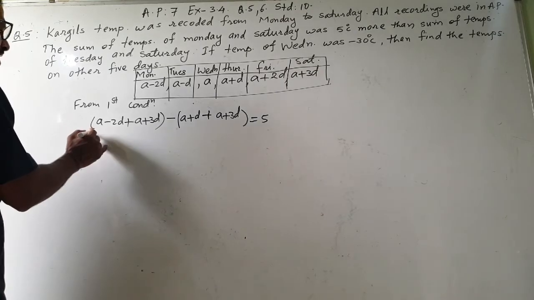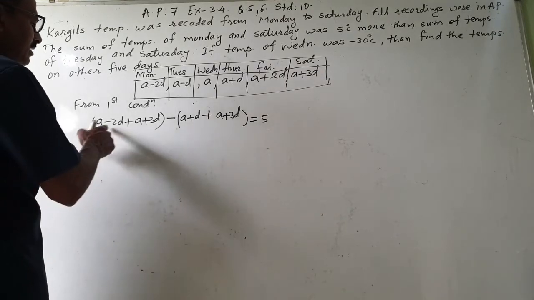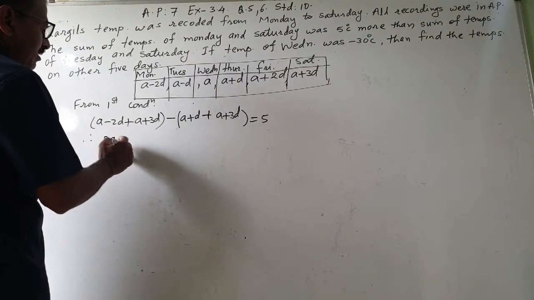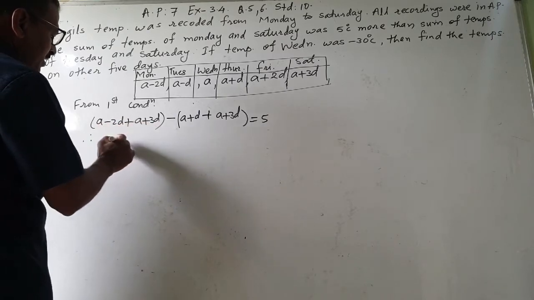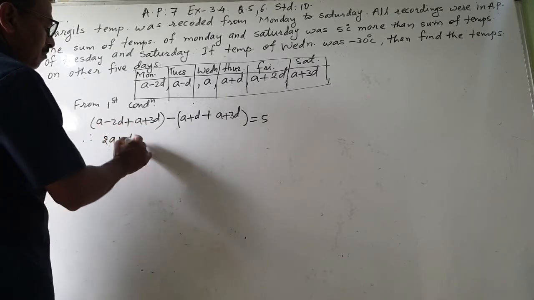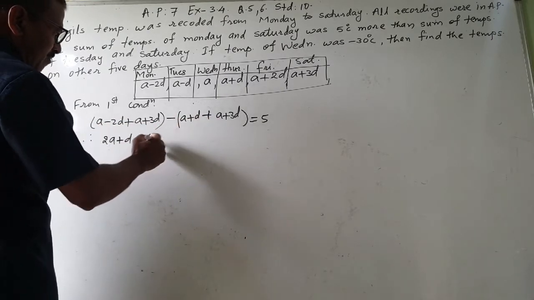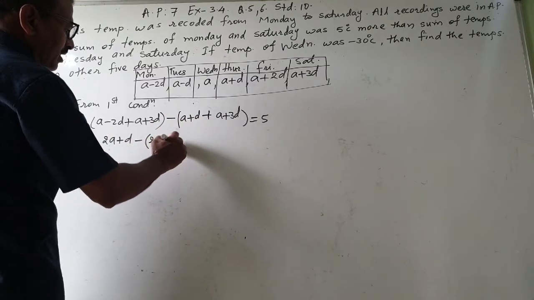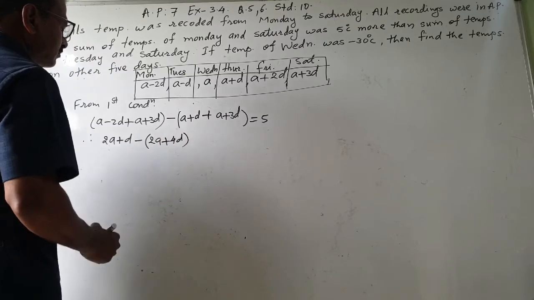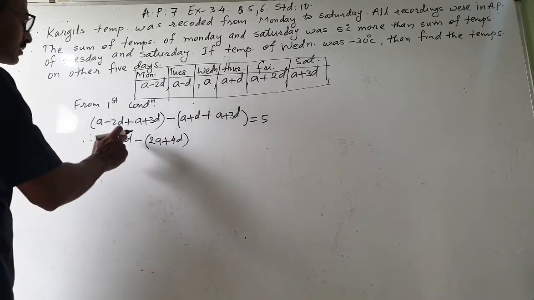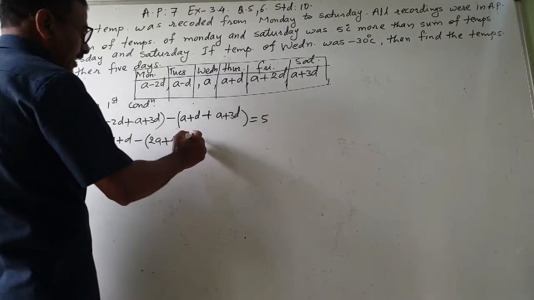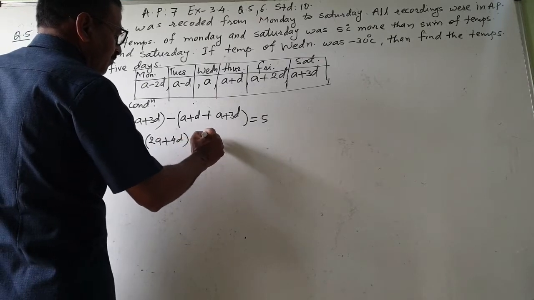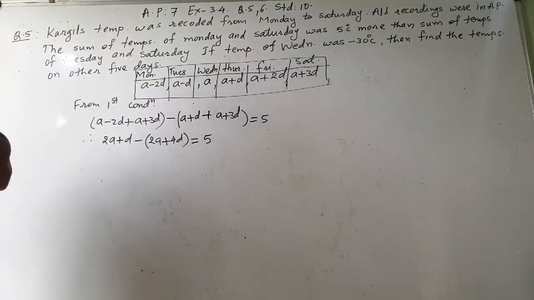Therefore, now I will open the brackets. A plus A is 2A, minus 2D plus 3D is plus D, minus A plus A 2A, plus 4D, and D, and all this is equal to 5.